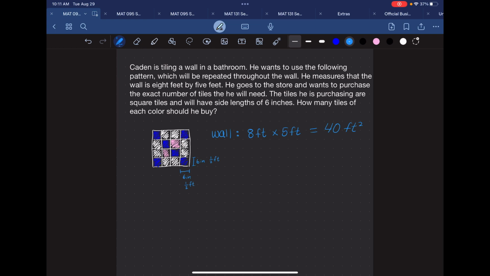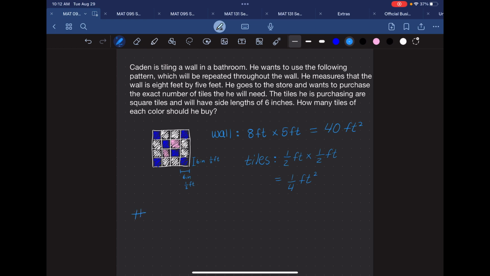So what we can do is find the area of each tile and then divide 40 by that number, and that should tell us how many tiles will cover 40 square feet. So I have the tiles are 1/2 foot by 1/2 foot. And so the area of my tiles is 1/4 square feet.